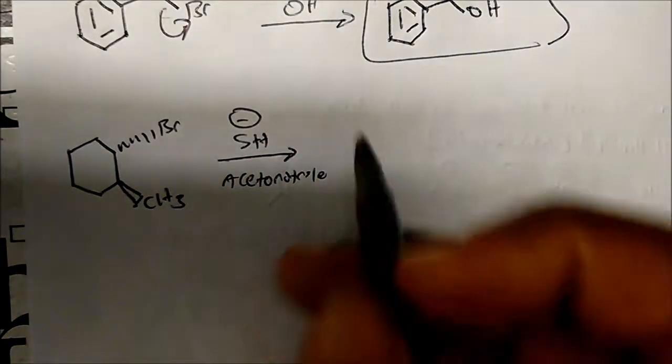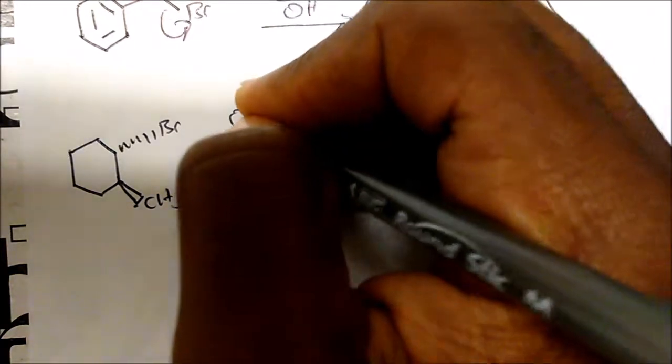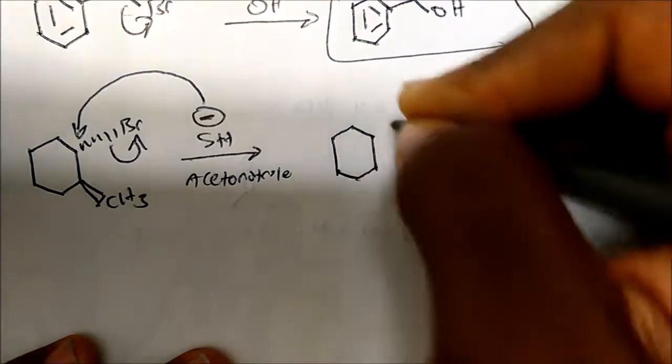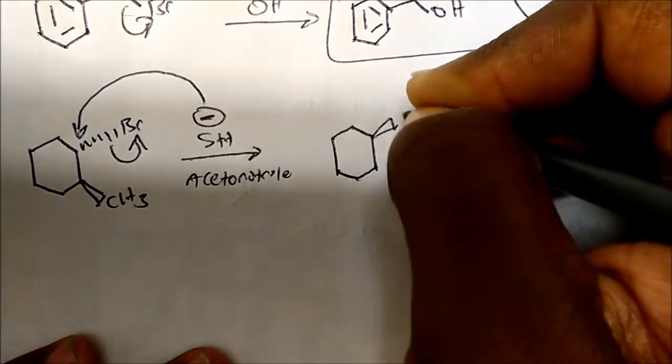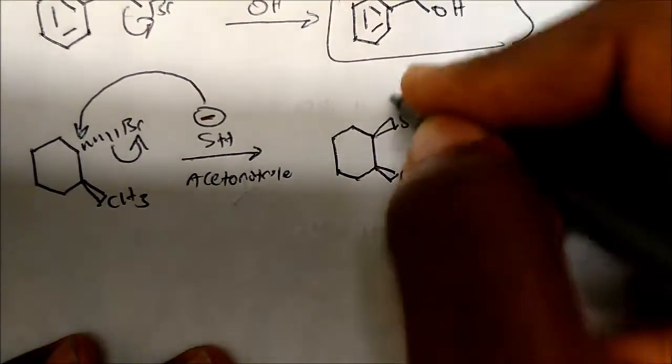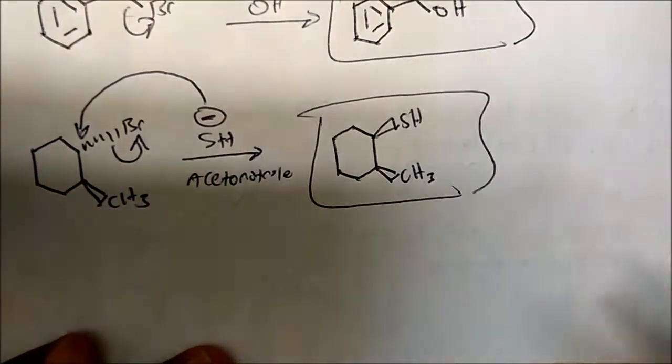It's a polar aprotic solvent, with a very strong nucleophile on a secondary alkyl halide, but that does not matter. The nucleophile is very strong. What will happen? Well, again, these electrons are going to come, attack the carbon, expel the bromine, and we get something that looks like this. And this will be a product.